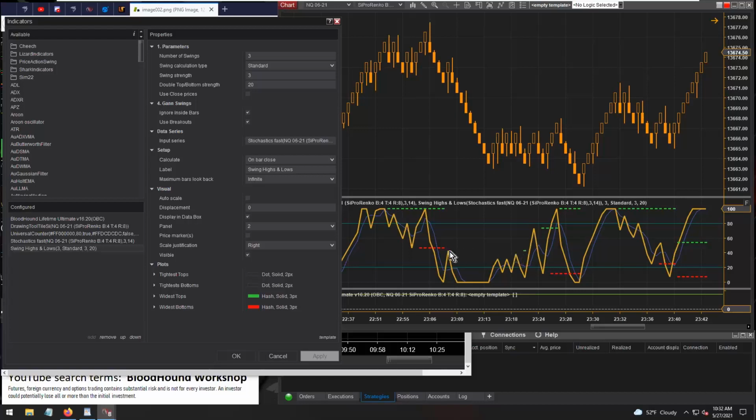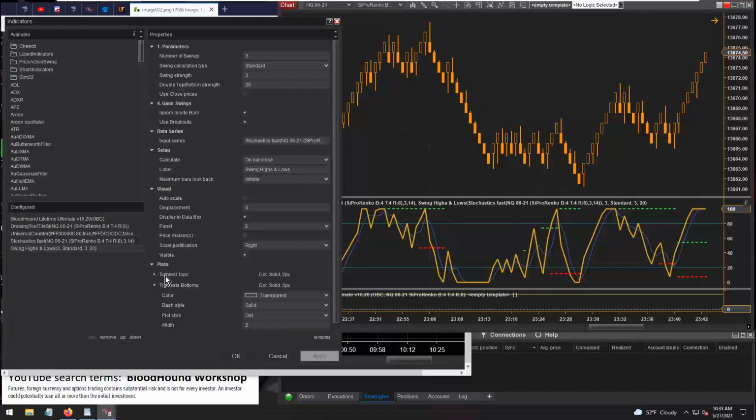That green line is coming from way over here, this swing high, not this one here. Since the swing indicator is not working when the stochastics is at 0, we're not getting these swing highs detected correctly or as soon as possible.